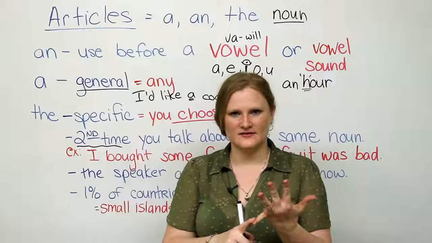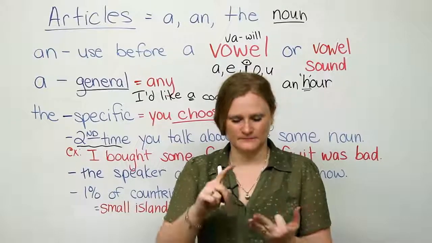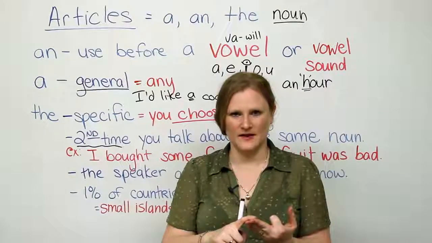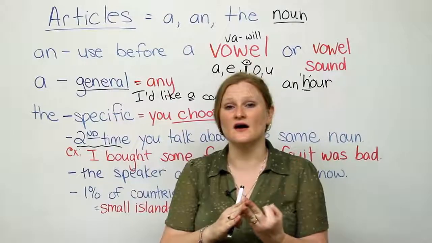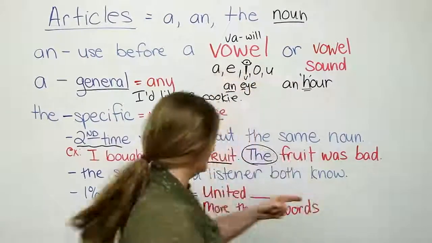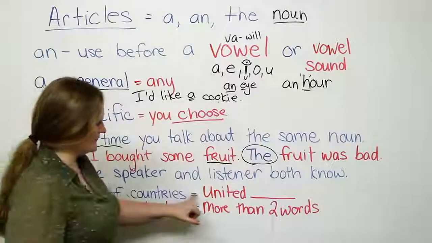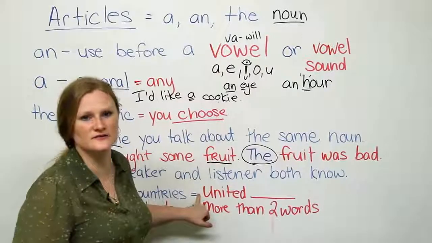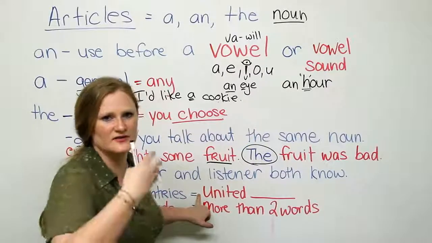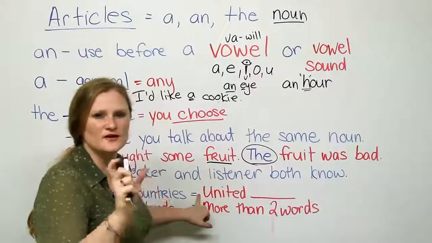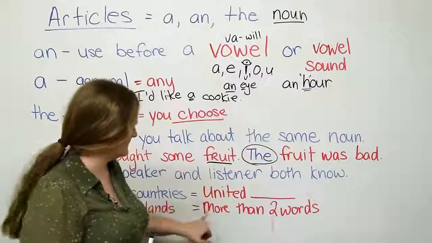The United States, the United Kingdom, the United Arab Emirates. All of these three countries, we have to use the because there is the word united in the title of the country. I do not say the Canada. I do not say the Japan. If the word has united in it, I say the.